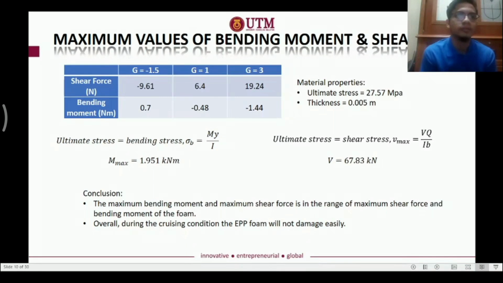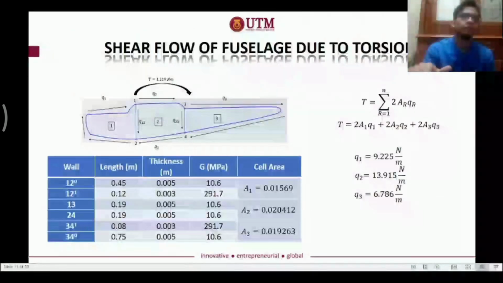So the maximum moment is 1.951 kilonewton meter and the maximum shear force for the foam is 67.83 kilonewton, and we can see that the maximum bending moment and maximum shear force are within the range of the maximum shear force and bending moment of the foam. So overall, during the cruising condition, the EPP foam will not fail easily.